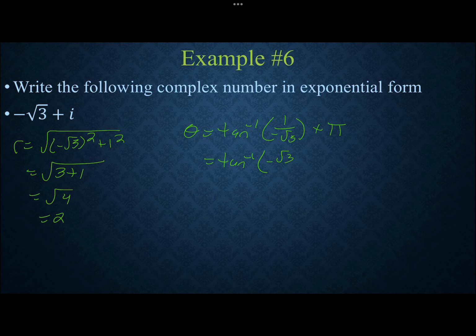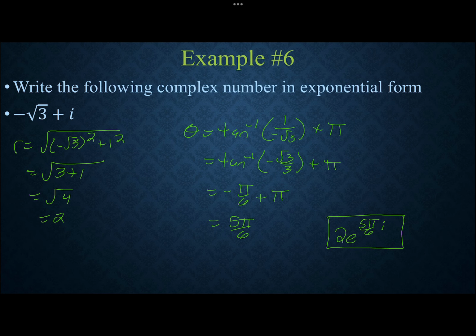This is essentially negative root 3 over 3, if it helps you recognize the value for the angle, which would be negative pi over 6. Plus pi is 5 pi over 6. So this complex number in exponential form would be 2e to the 5 pi over 6 i. That's the equivalent way of writing that particular answer.